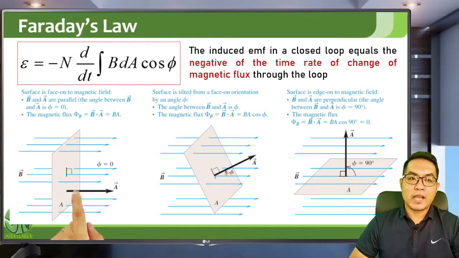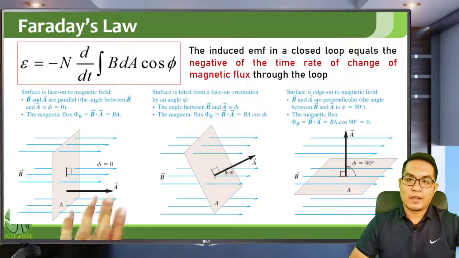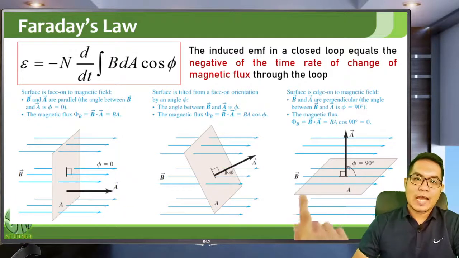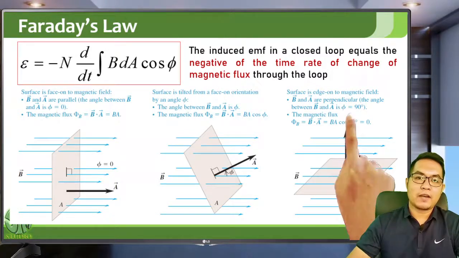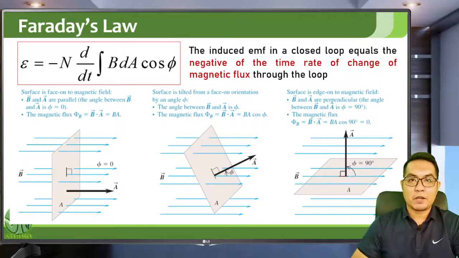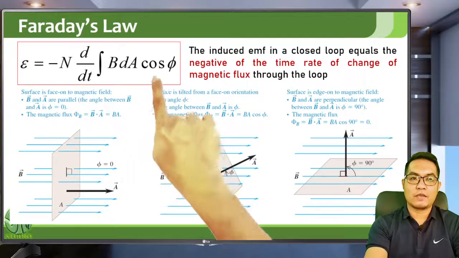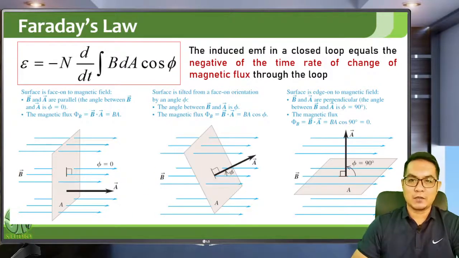Take note, the area vector is always perpendicular to the surface of the loop, and there is 0 flux whenever the area vector and the magnetic field are perpendicular to each other, since cosine of 90 degrees is 0.